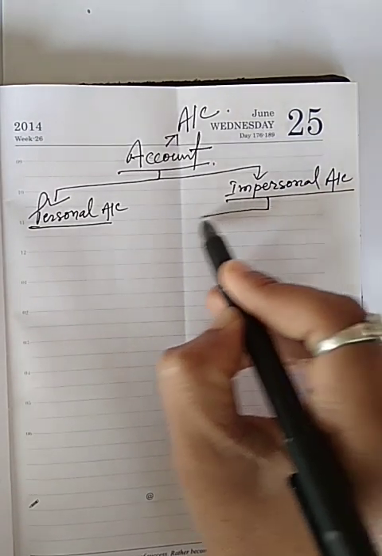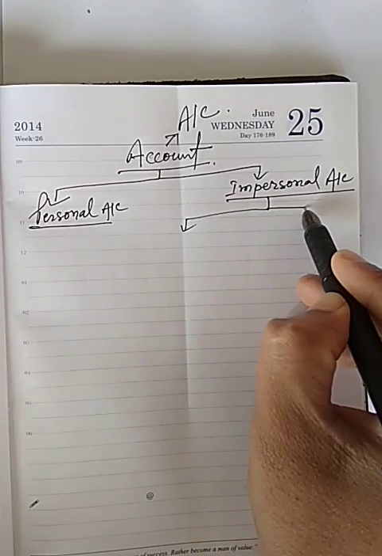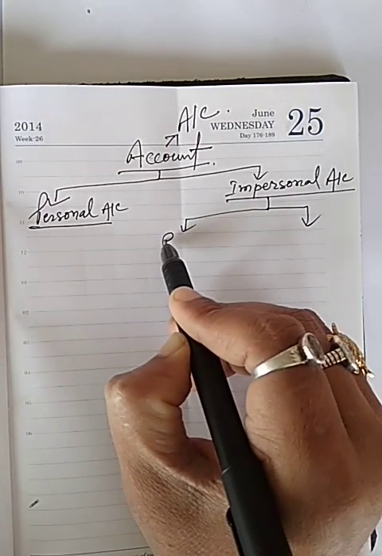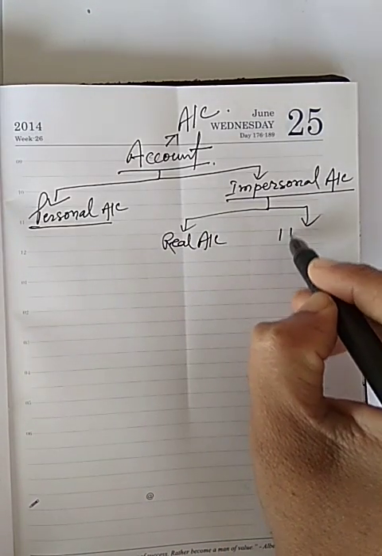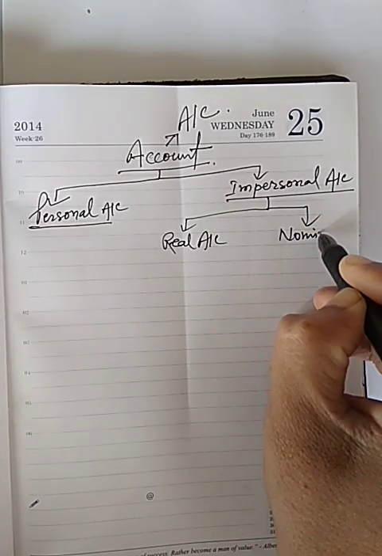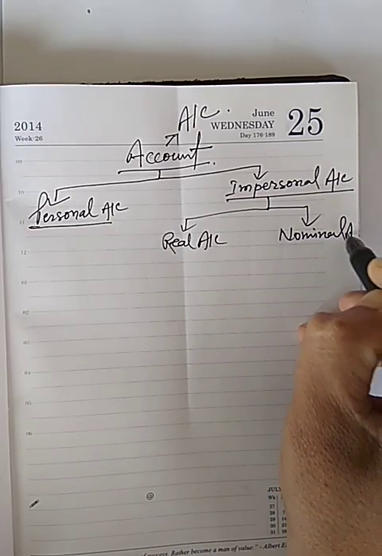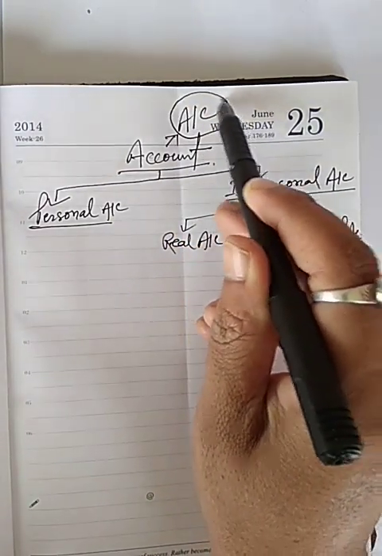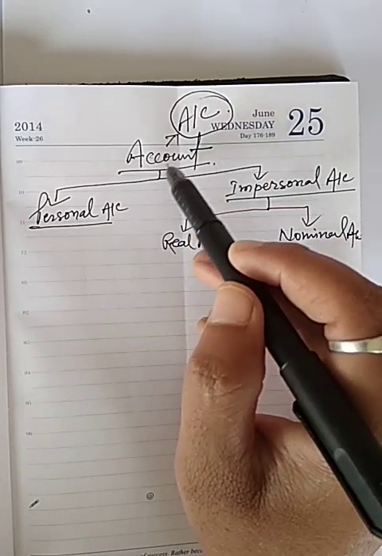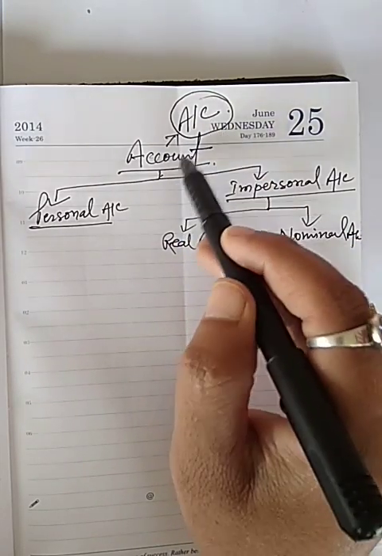And impersonal account is also divided into two parts: first is real account and second is nominal account. In short, I will write A by C for account.